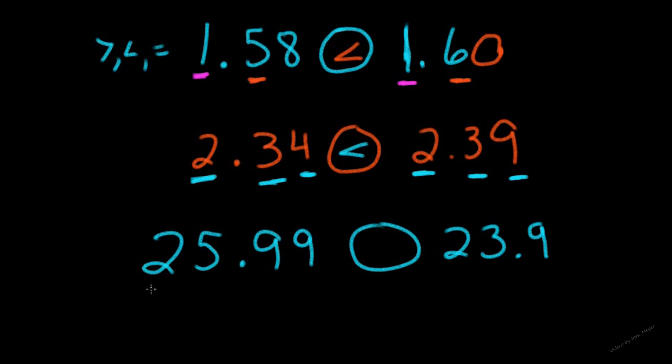Again, we start with our largest place, which in this situation is the tens place. We have a tens digit, so we have a 2, and we have a 2. We go to the next largest place, which is the ones. We have a 5, and we have a 3. And students should know right away that 5 is greater than 3, so therefore 25 and 99/100ths is greater than 23 and 9/10.